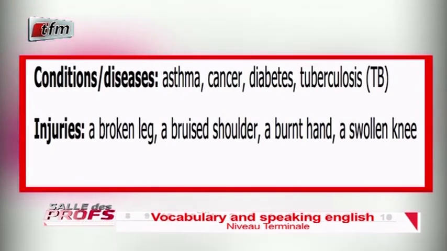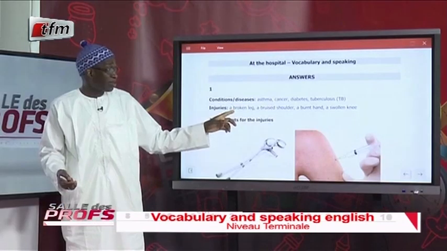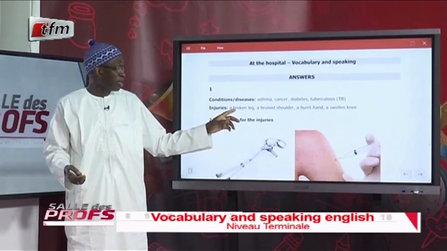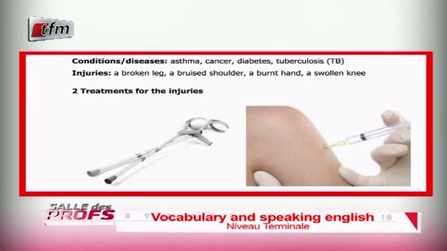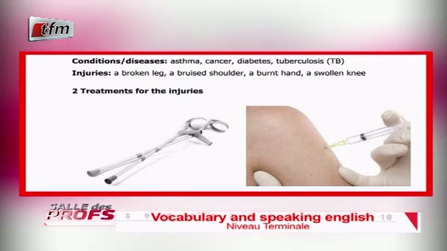You were lighting your gas, you didn't pay attention, and your hand got burnt, a burnt hand, and a swollen knee. So you see, here you have past participles that are used in the combination. Break, broke, broken. A broken leg. And they play the role of an adjective.